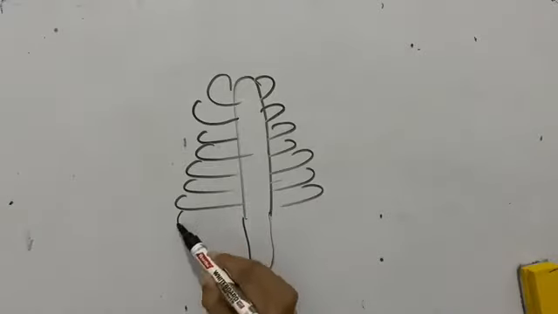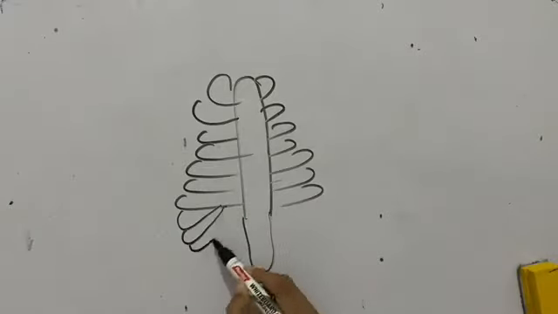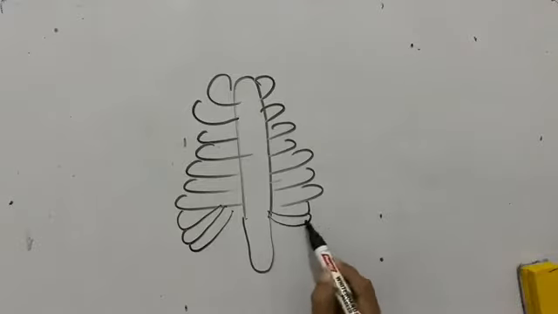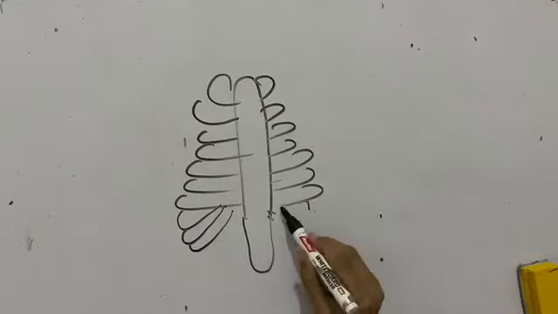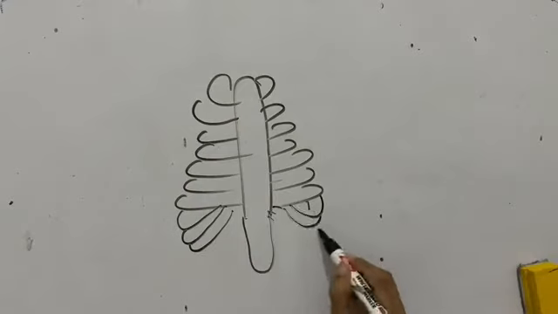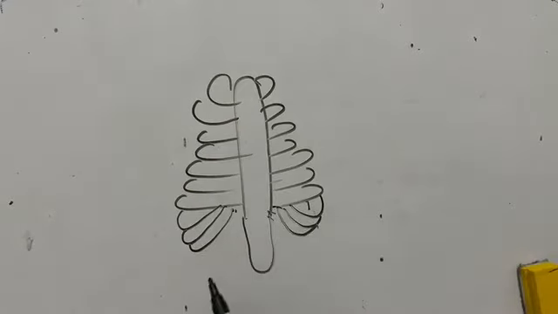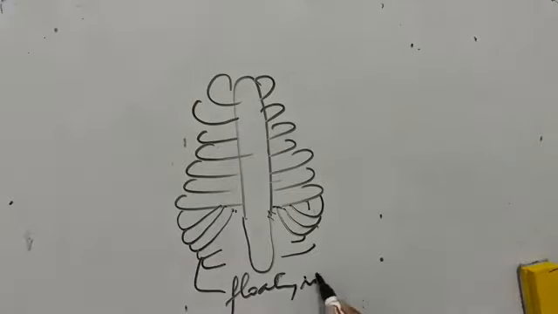Then the 8th, 9th and 10th, they are attached with the 7th rib. Not with the sternum, but with the 7th rib. And then the last two, which is 11 and 12, they are not attached. So these are known as floating ribs.